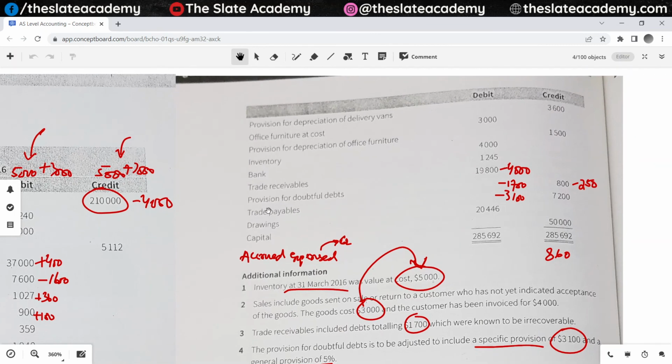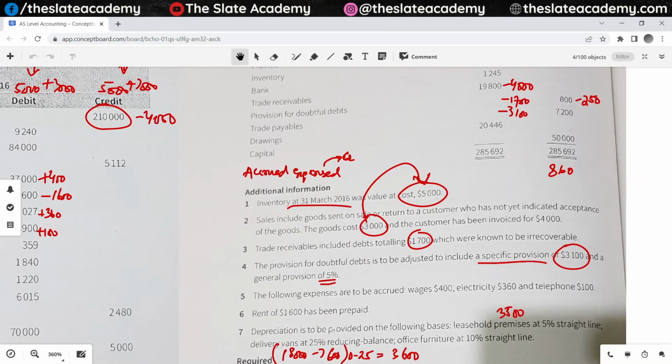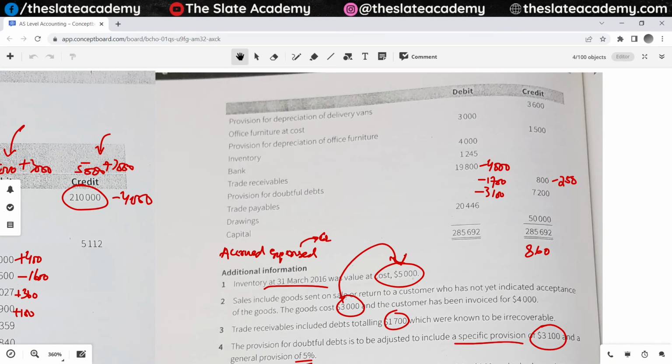And for the office furniture as well, it would be a straight line. So where is office furniture? Straight line. What's the percentage? 10%. So 3,000, 10% would be 300. So 300 for office furniture. So total depreciation expense is 3600 plus 300, 3900 plus 3500, 7400.